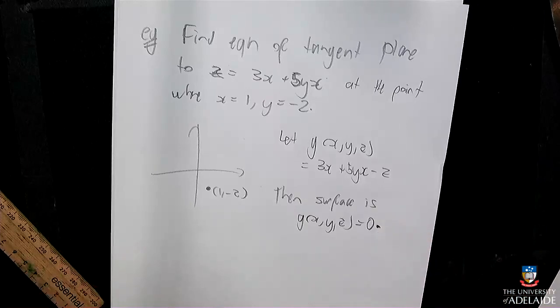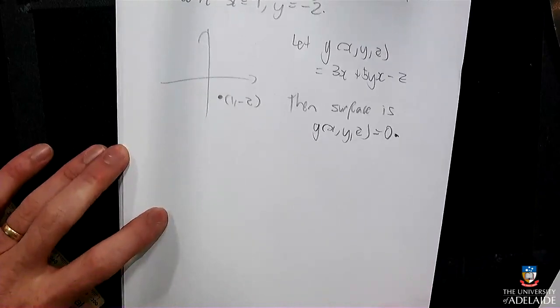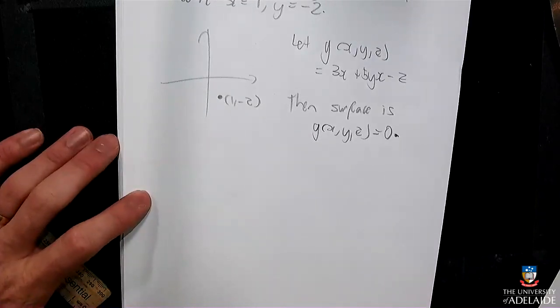So my surface is now all of the points in 3D space that when I sub in x, y, and z into that formula, give me the answer 0. And every other point in 3D space gives me a different answer. But if I find the gradient of this function, that will tell me the direction to go to change that number as fast as possible, which is guaranteed to be perpendicular to my surface. Normal to my surface, that's the proper word.